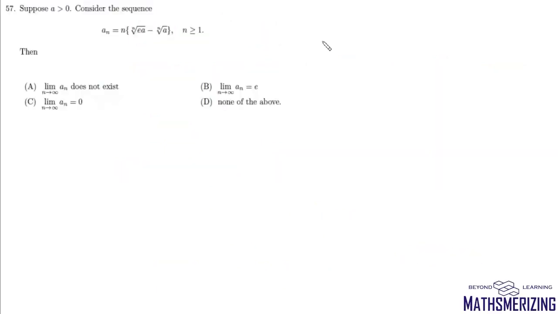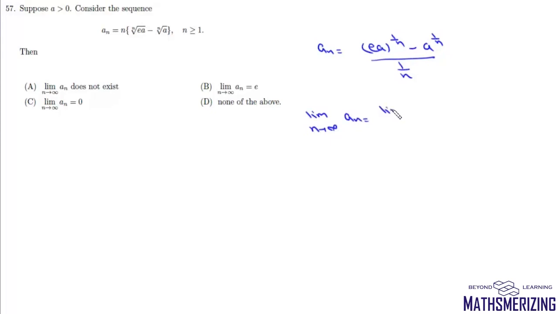Question number 57 is, consider the sequence a_n, and it is ((ea)^(1/n) - a^(1/n)) upon 1/n. Now we need to find this limit, which is limit n tends to infinity a_n.